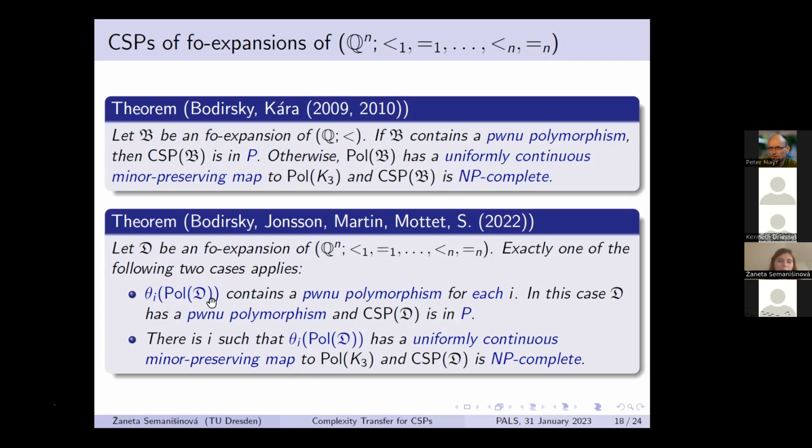If in every one of the coordinates you have this polymorphism that should be the trait of tractability, then you actually have overall this polymorphism and the CSP is in P. And otherwise, and this already follows from the result by Barto, Opršal, and Pinsker, if you are hard in one of the coordinates, then there is no chance and the CSP will be NP-hard.